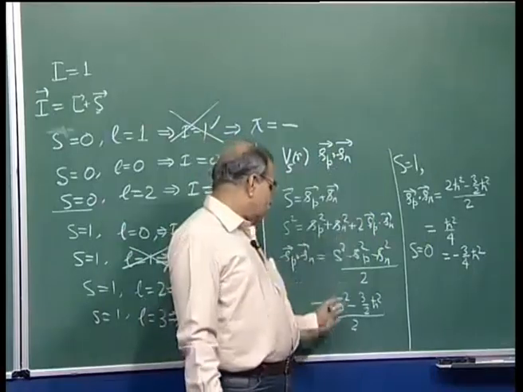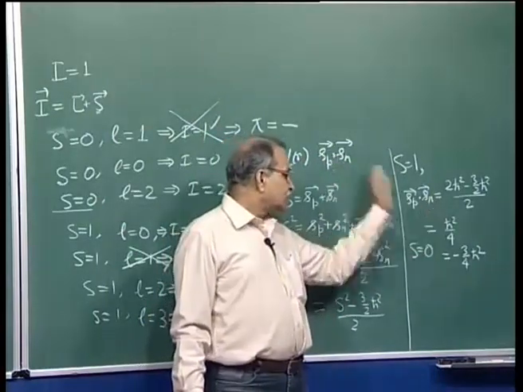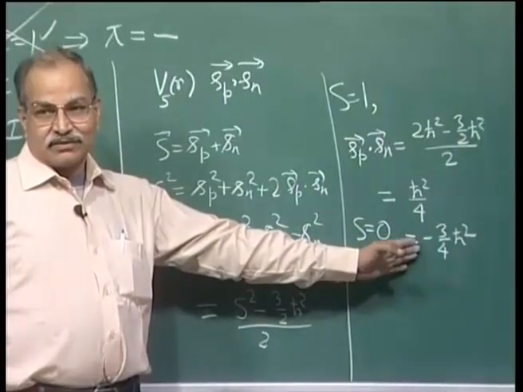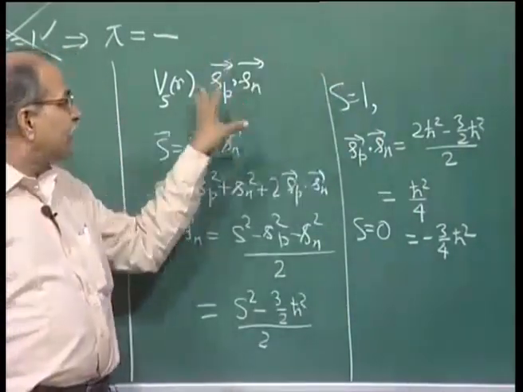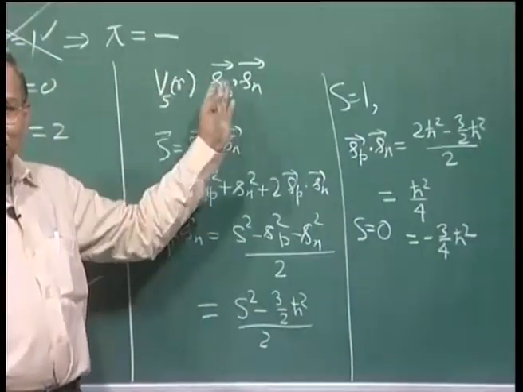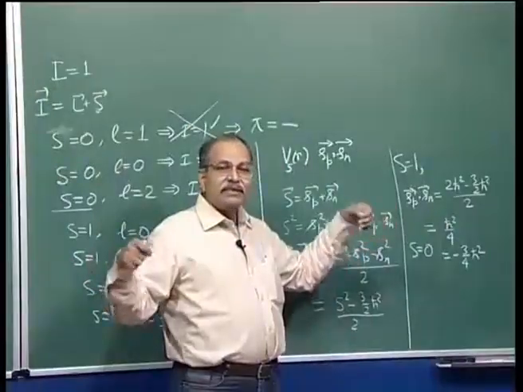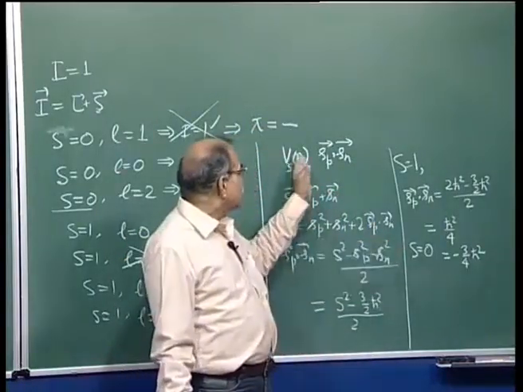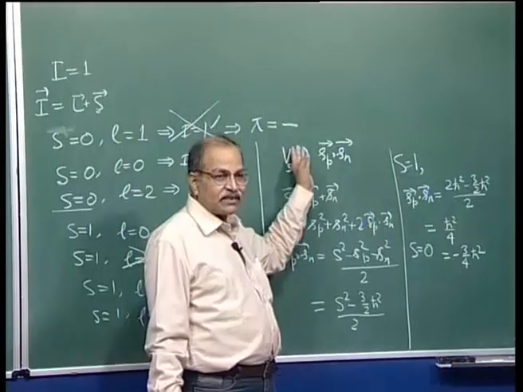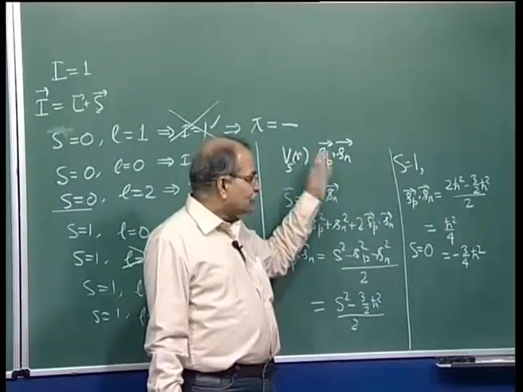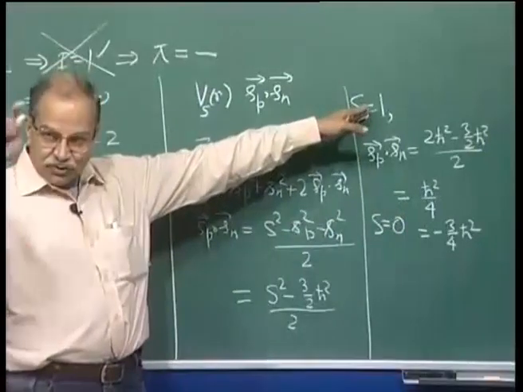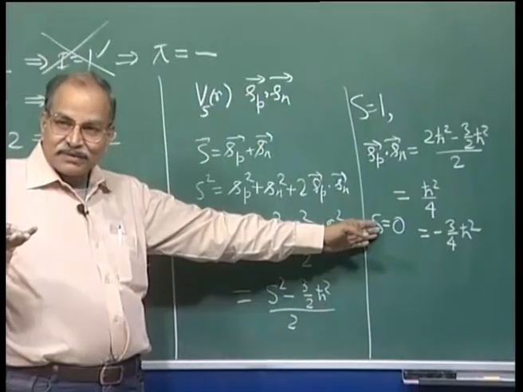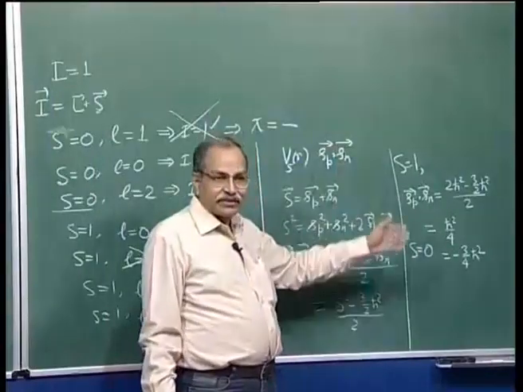For capital S equal to 1, this term is this much. For capital S equal to 0, this term is this much. So, if you add a term like this in the potential, your potential will become spin dependent, okay. And then you will put proper signs, positive, negative, and all those things. So, the S equal to 1 potential should go deeper and the S equal to 0 potential should go up, and then you have two different things here.